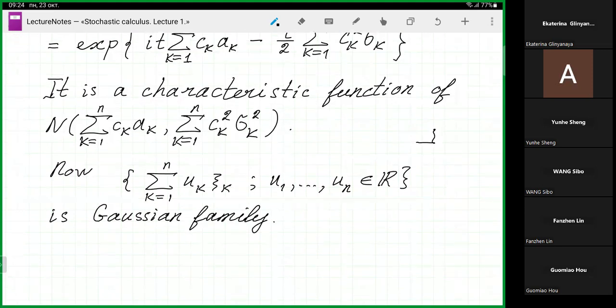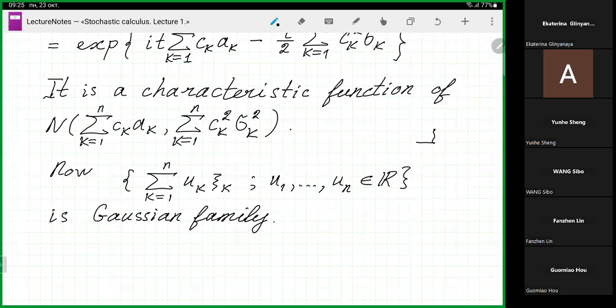And let me write this example in a more convenient way, because in our lectures we will often use the language from linear algebra and functional analysis.